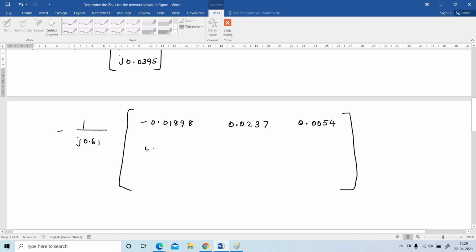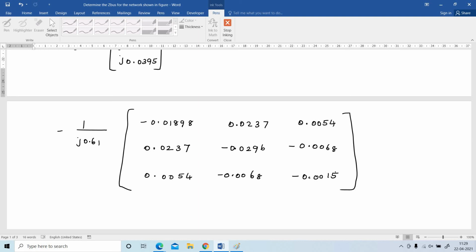Next 0.0237 minus 0.0296 minus 0.0068. Next 0.0054 minus 0.0068 minus 0.0015. Then divide the matrix by J 0.61.